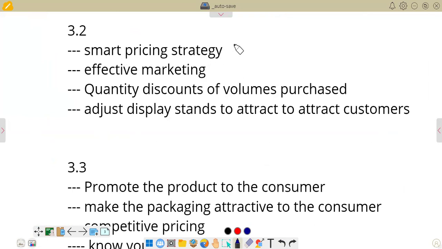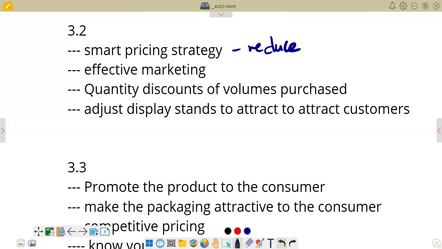Smart pricing strategy means we reduce the price so that it becomes attractive to consumers, and they come and buy our product. In that way, we have reduced the issue of slow moving stock, and stock starts moving as consumers come and buy our products.